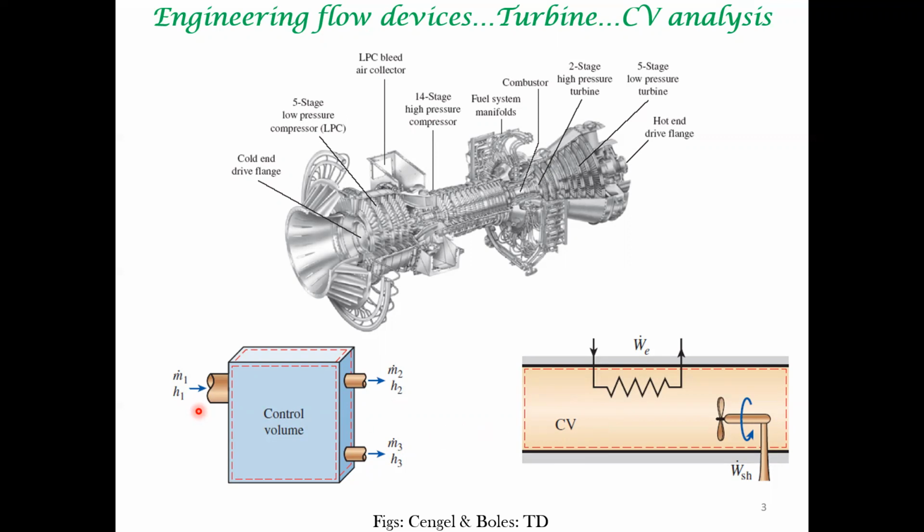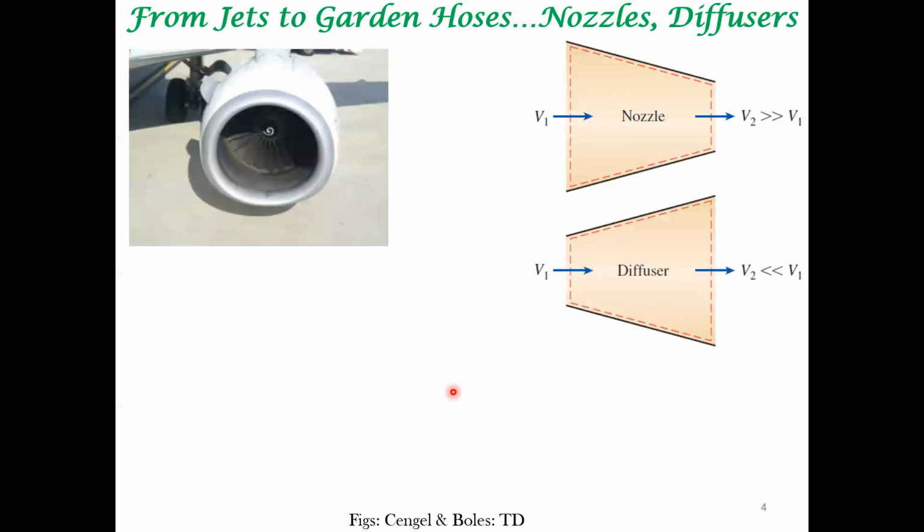At steady state, the overall enthalpy of fluids that is flowing out is the same as the enthalpy that is flowing in. So that is the thing which you will keep track of during our analysis. But with that, this being relatively simple, we can get a lot of information from such an analysis.